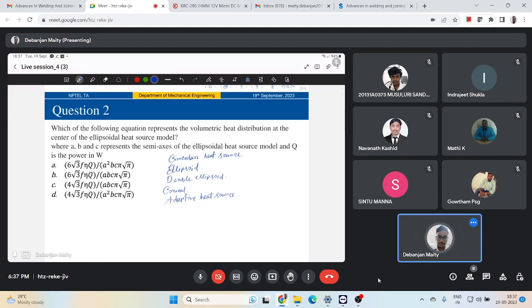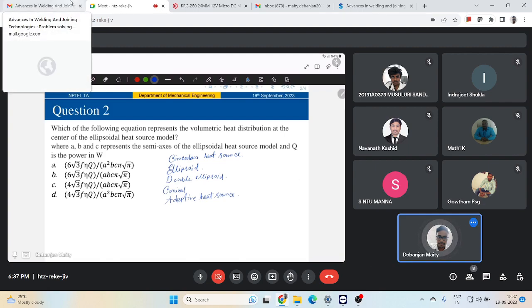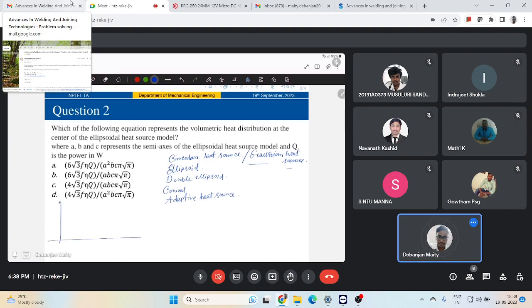Now, in terms of the derivation, of course I will not go into the derivation of those things. Initially, there is the circular heat source, or you have the Gaussian heat source also. So how will it look? Let us first take this Gaussian heat source.